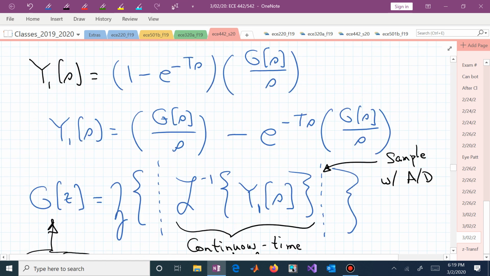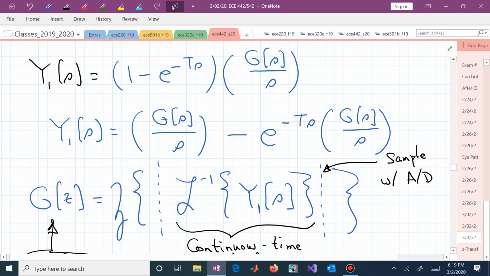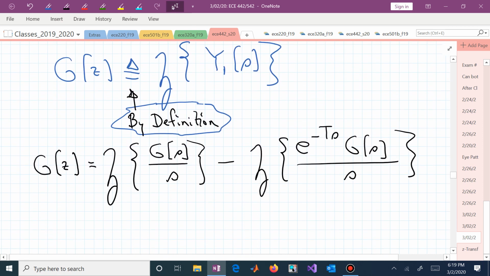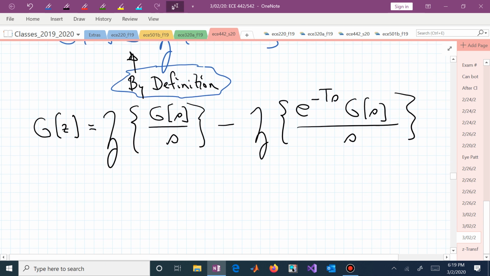If you just give me a G of S over S, instead of saying inverse Laplace transform, sample it, then Z transform, I'm just saying do this one step of the notation. Z transform G of S over S. If that's okay, what can you tell me about e to the minus TS?